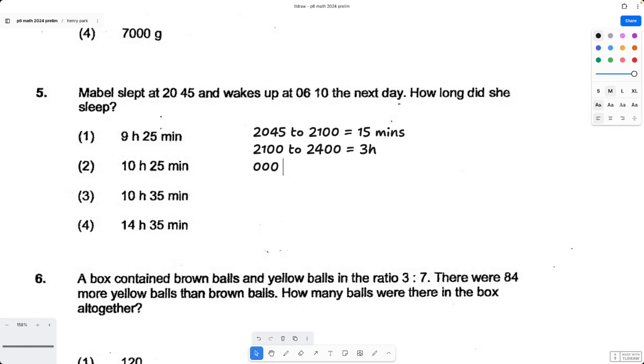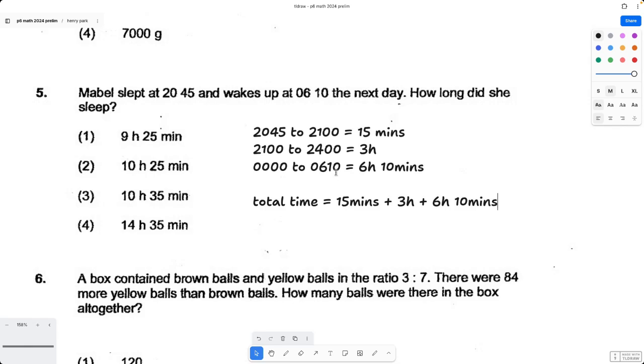Then 0000 to 0610 will be 6 hours and 10 minutes. So if we add together, the total time will be 15 minutes plus 3 hours plus 6 hours and 10 minutes.